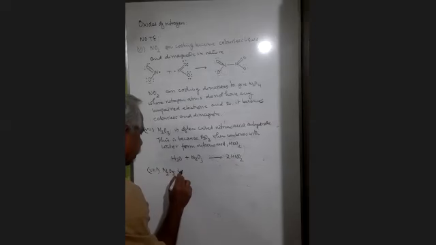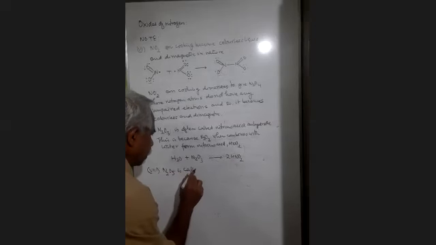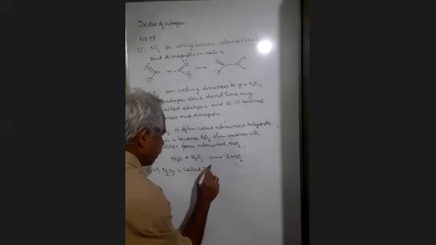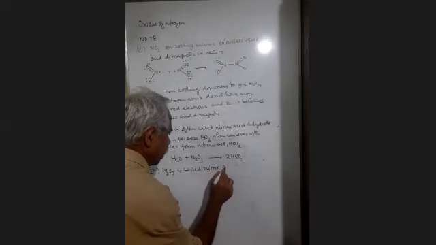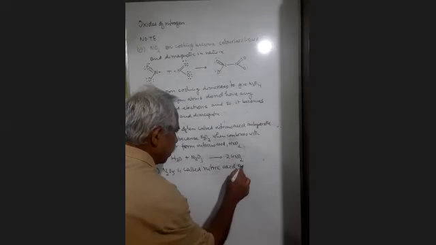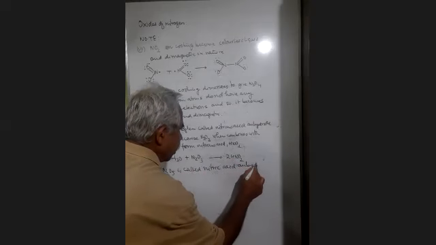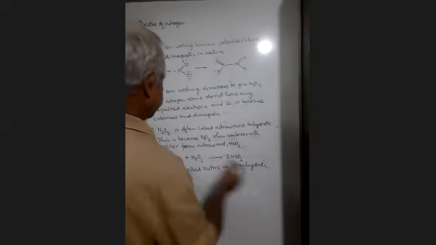Okay. Now, next. N2O5 is called nitric acid anhydride. Same thing I'll write now.